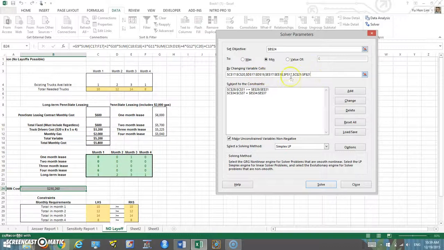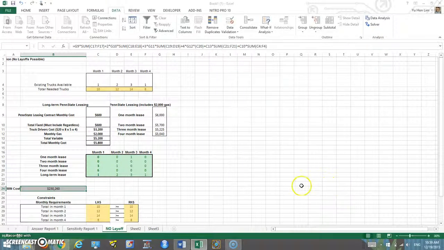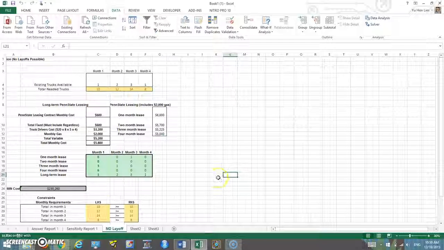And right here we build up a linear relationship for this particular question. I hope you enjoyed this tutorial. Thank you.